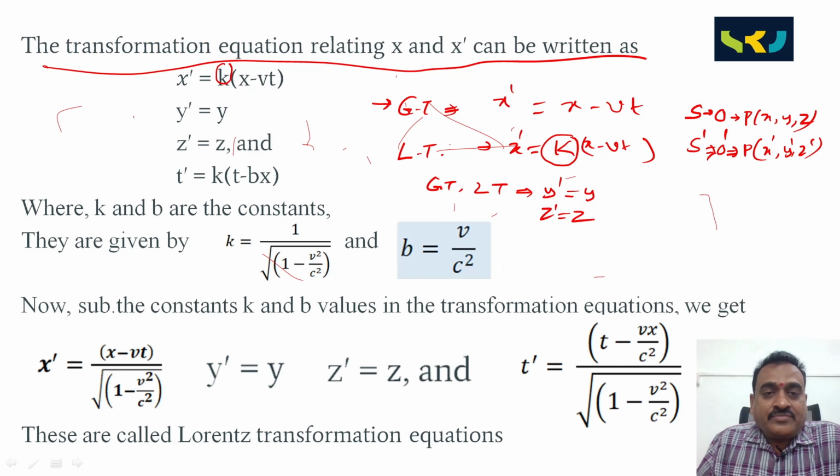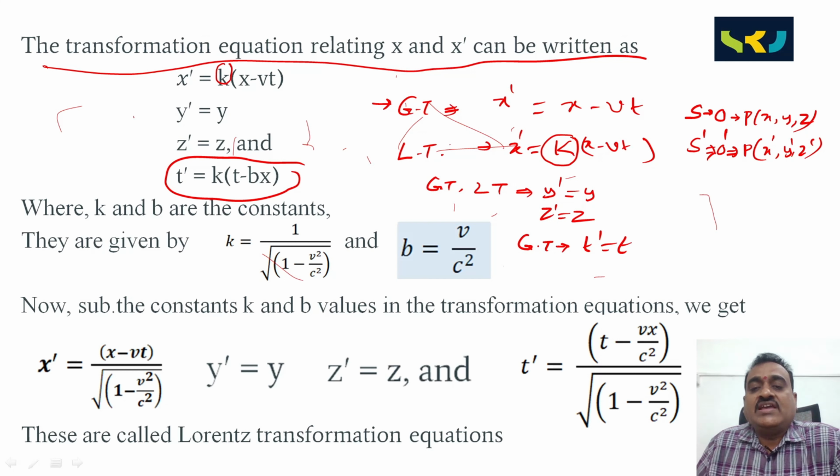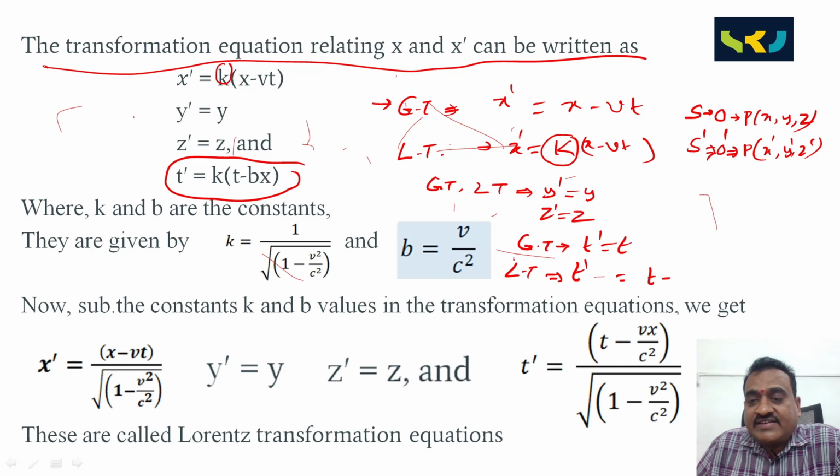But the time we can observe here, in the Galilean transformation equations, t dash is equal to t. But here in the Lorentz transformation, you can observe t dash is equal to, in general, t minus one constant b into x, and also k.